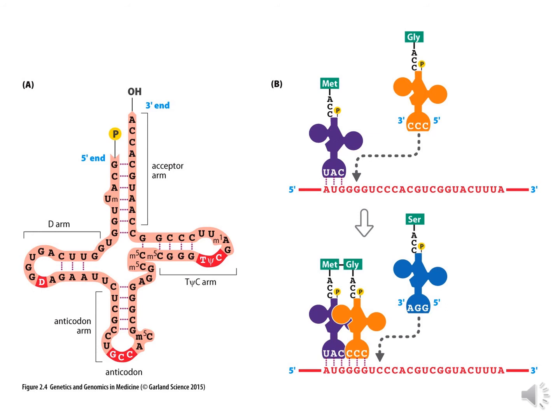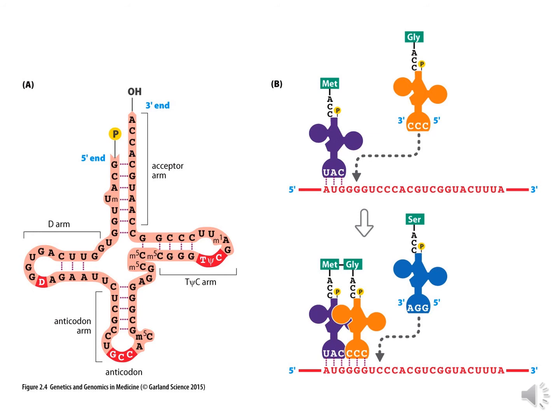The three nucleotides at the center of the middle loop form what is known as the anticodon. So the anticodon is going to recognize the codon on the corresponding mRNA molecule, and it is this part of the tRNA that will really specify the docking to the codon.